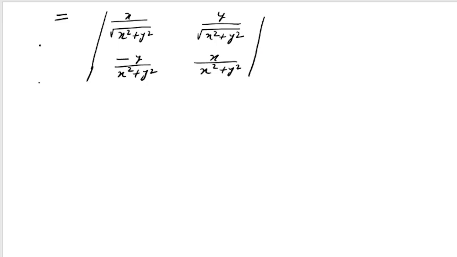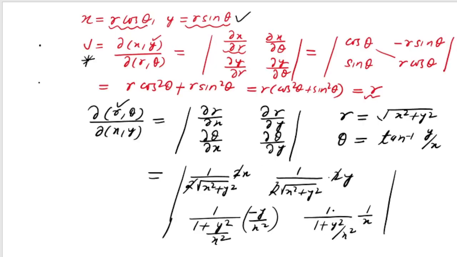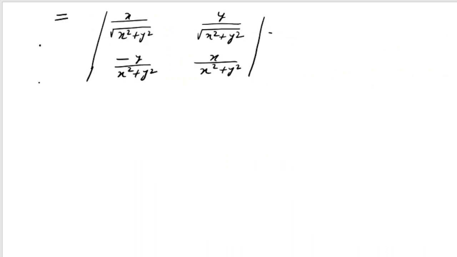And here also in the second term, you will get x square. So this x and x will cancel. So you will get x by x square plus y square. So if you simplify, what you will get? You have to do this multiplication. So you will get x square by x square plus y square into under root x square plus y square. And if you multiply this, you will have minus minus plus.